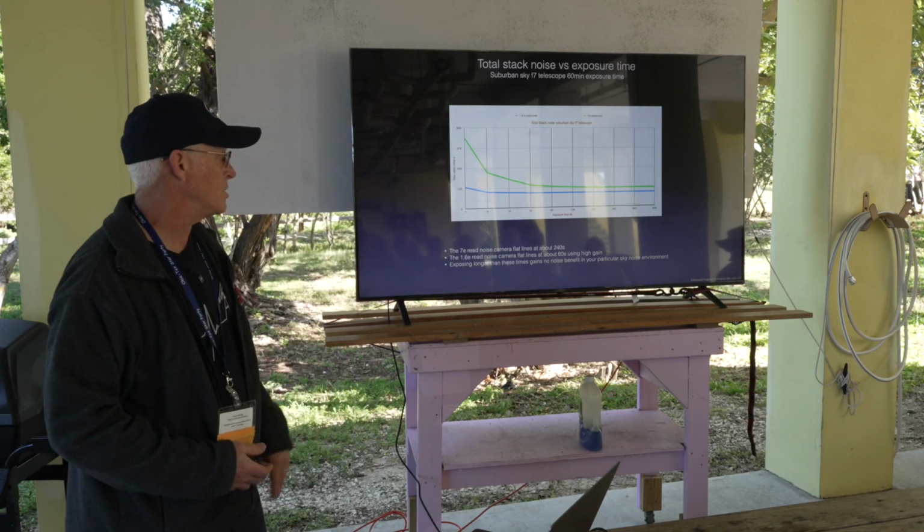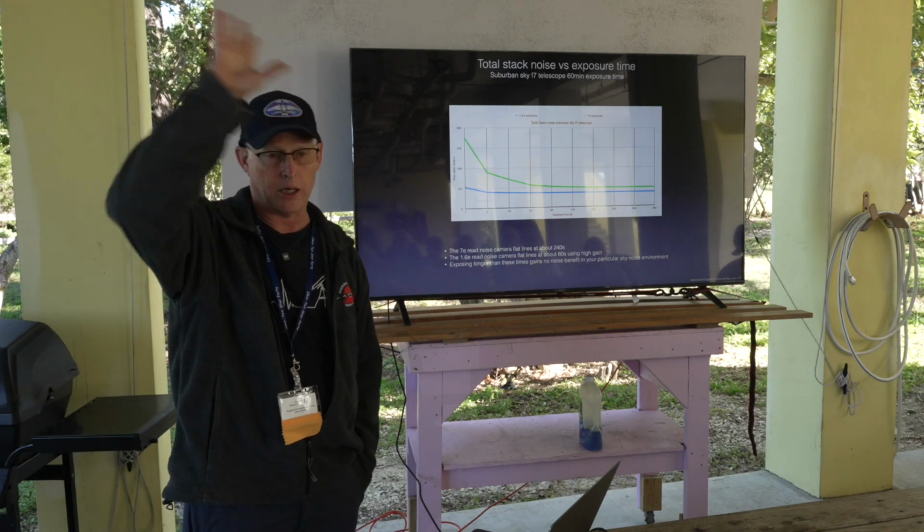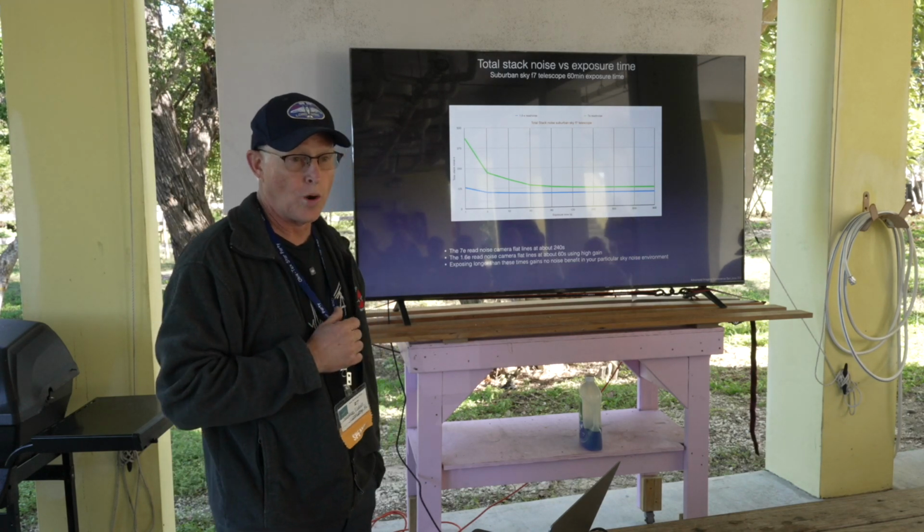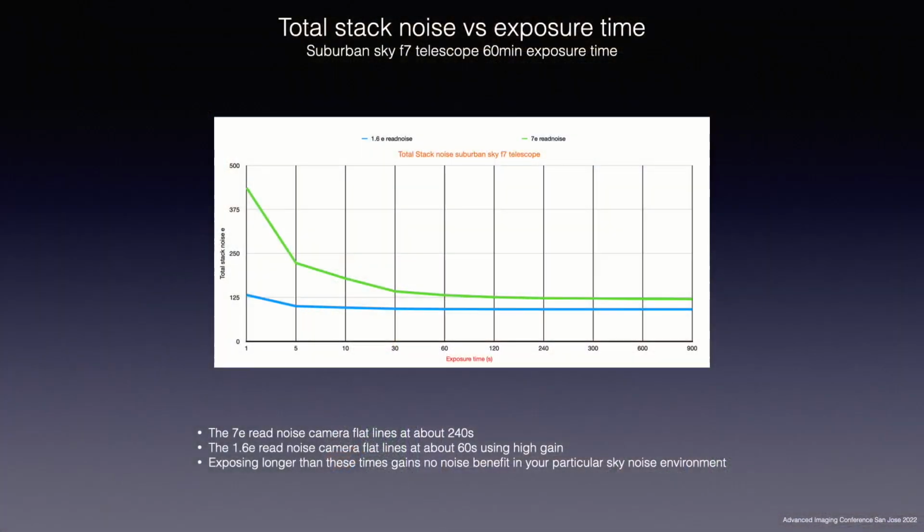You gain no noise benefit at all, whatever your particular sky brightness is. So once you determine those, say you're at home and it says I should shoot for 50 seconds, you round it up to 60, that's fine. But there's no reason for you to go any longer than that. And some of you may be in bright enough skies that it's even less, maybe 30 seconds. And then you definitely don't have to guide, right?